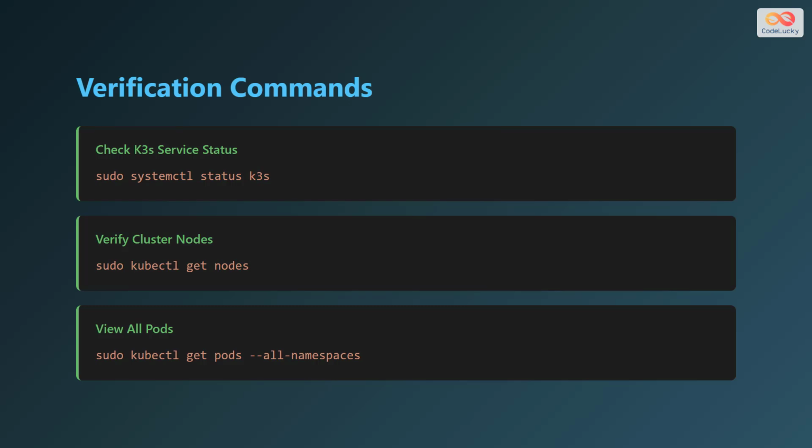Finally, view all pods across all namespaces using sudo kubectl get pods --all-namespaces. This command shows all the system pods that K3s creates automatically, including CoreDNS, metrics server, and other essential components. If all these commands return successful results, your K3s installation is complete and ready for deploying applications.